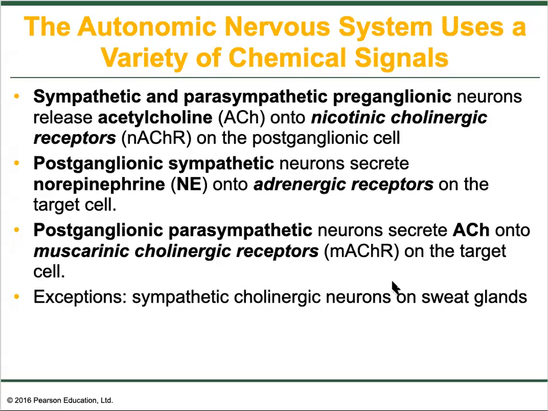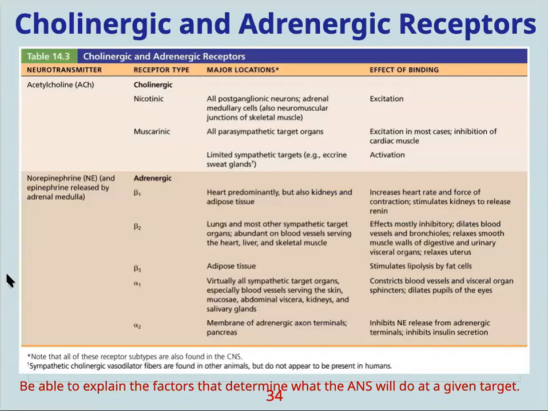This slide just recaps what we just talked about in word format, so go over this. This table reminds you that acetylcholine binds to these two classes of cholinergic receptor, nicotinic and muscarinic. Norepinephrine and epinephrine bind to adrenergic receptors, and these are the different types of adrenergic receptors.